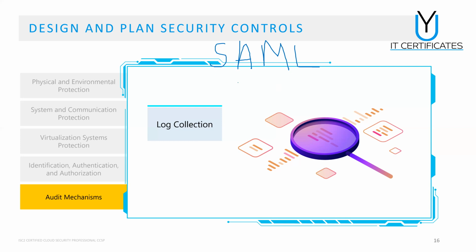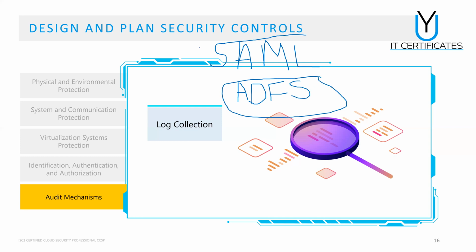Also, Microsoft has its own product, which is called ADFS, Active Directory Federation Services. This is used with Microsoft products, and it uses the open protocol. This is the standard with all the other applications and services.